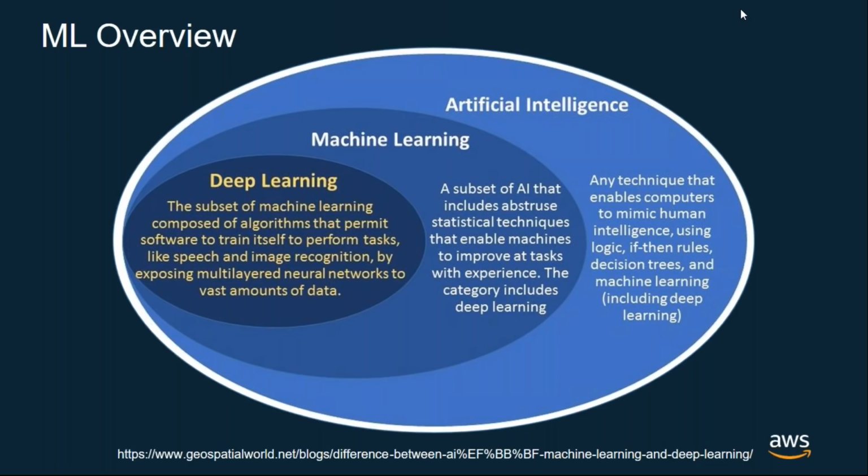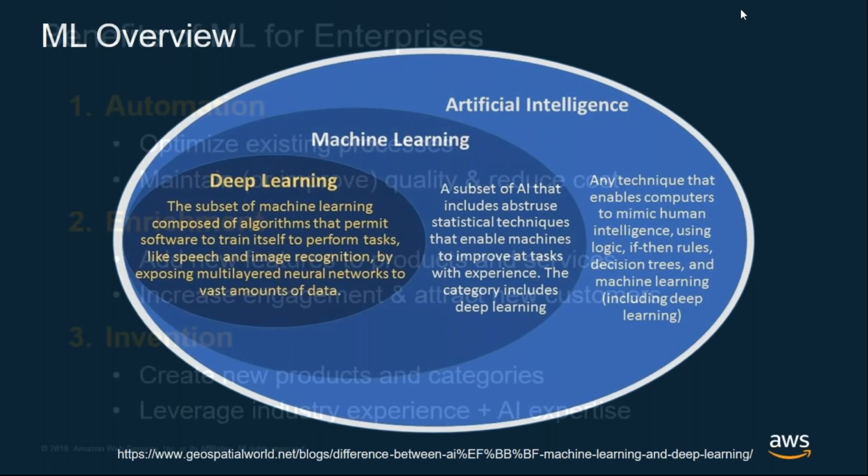Very common ones in the deep learning space are speech and image recognition. This is done by exposing multi-layered neural networks to vast amounts of data to train the model and then have it learn how to execute on those types of tasks. So we can think of AI as the broadest bucket, with machine learning nested inside of that, and then deep learning as an even more targeted subsegment within ML broadly.